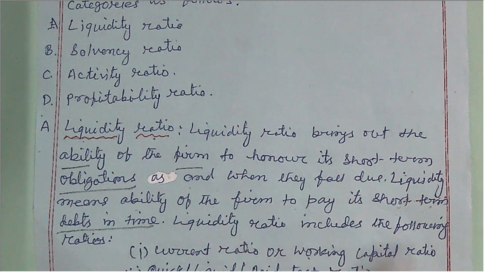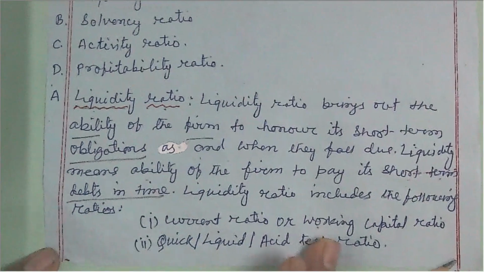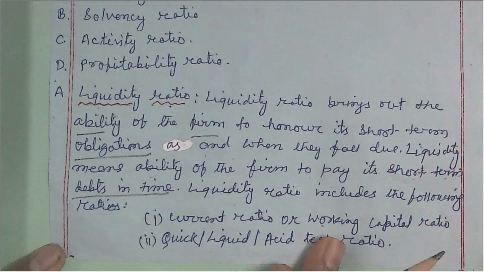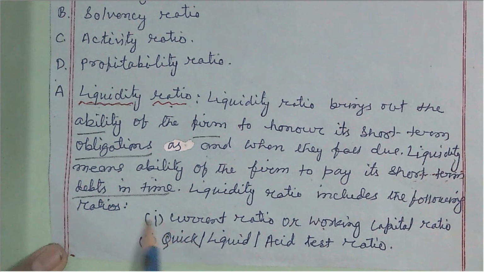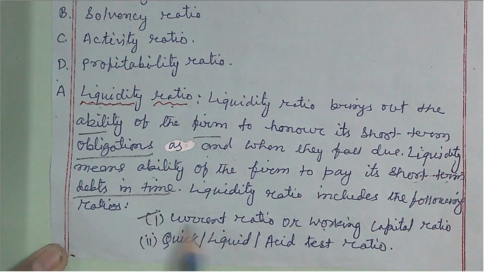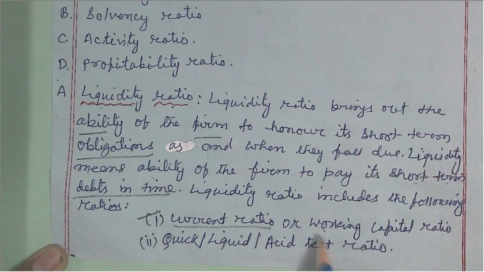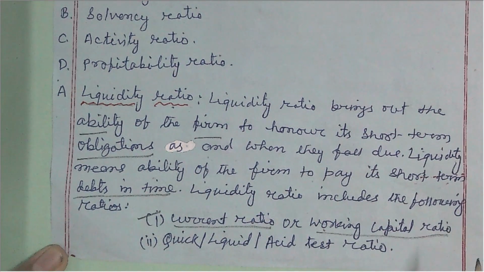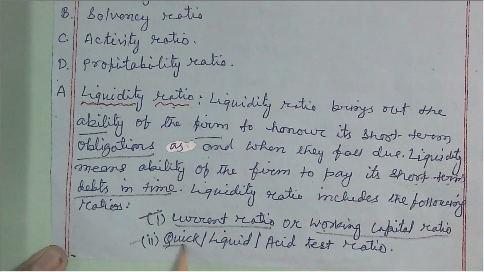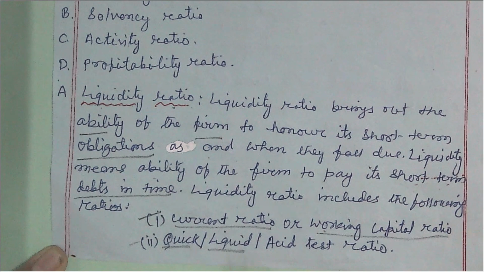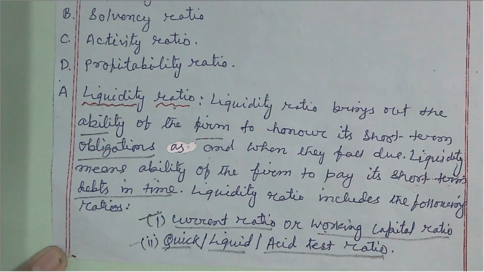So liquidity ratio includes the following. To know the liquidity position in a better way, in accounting we calculate two ratios. One is current ratio, which is also called working capital ratio. Another is quick ratio or liquid ratio or acid test ratio.